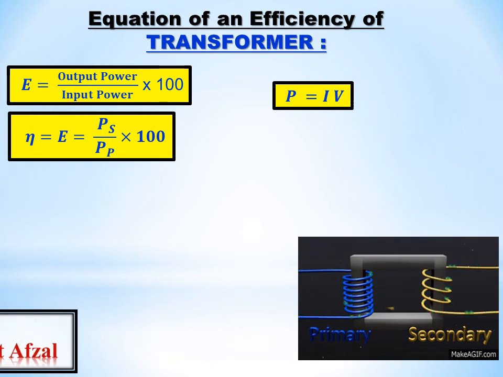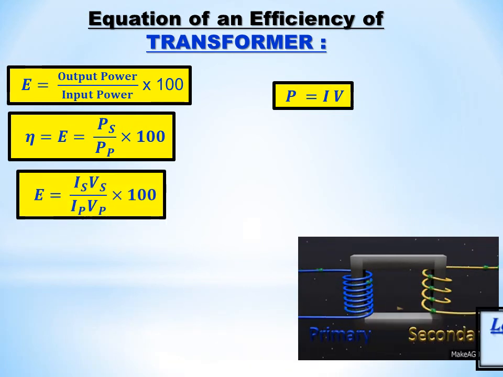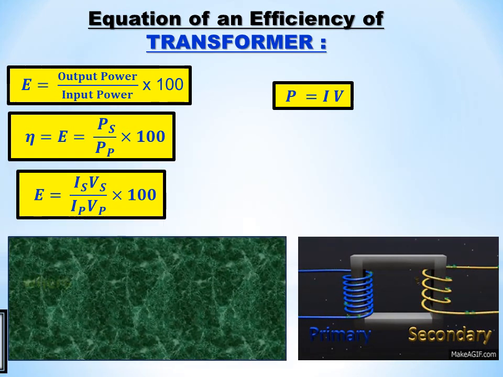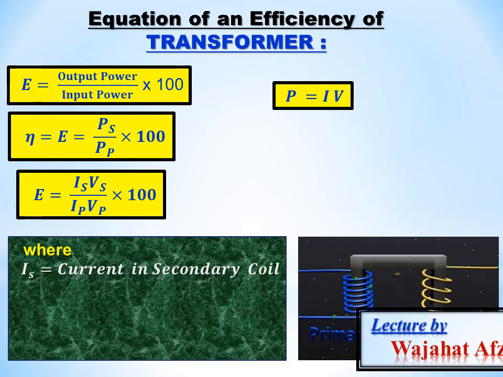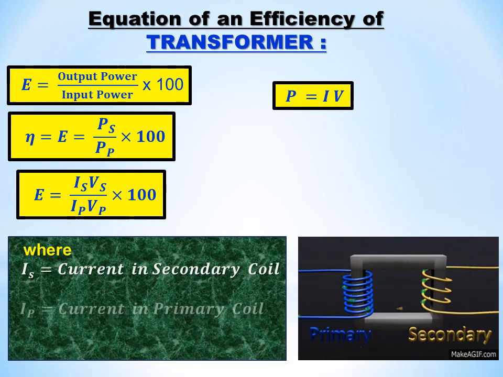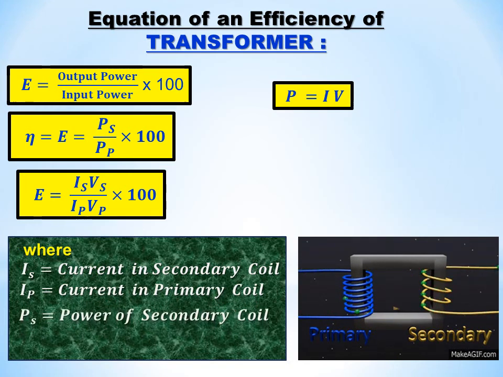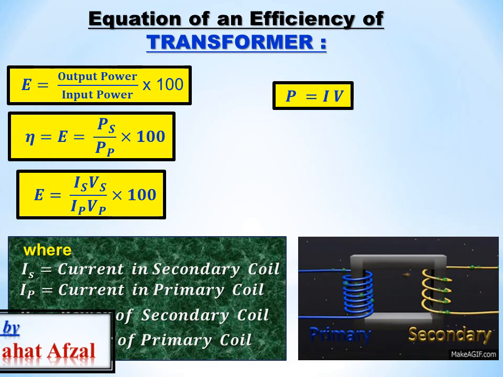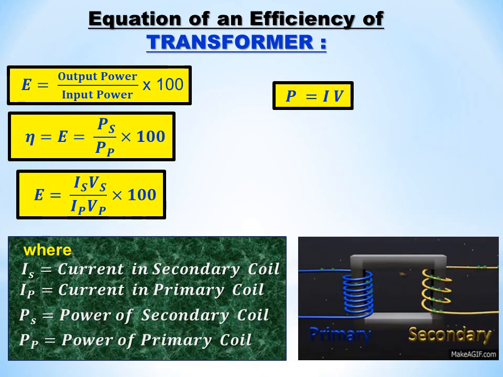So the power of the secondary will become Is Vs, and power of the primary coil will become Ip Vp. Where Is means current in the secondary coil, Ip means current in the primary coil, Ps means power of the secondary coil, and Pp means power of the primary coil.